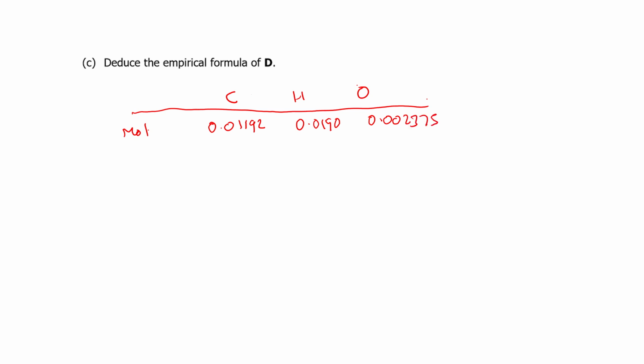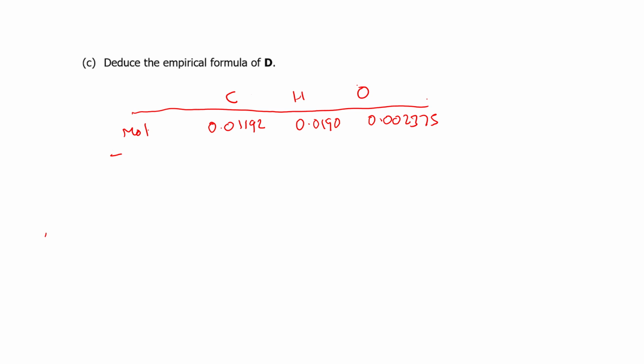And then remember, what you do is you get those in sort of ratio form by dividing through by the smallest of the numbers you've got.